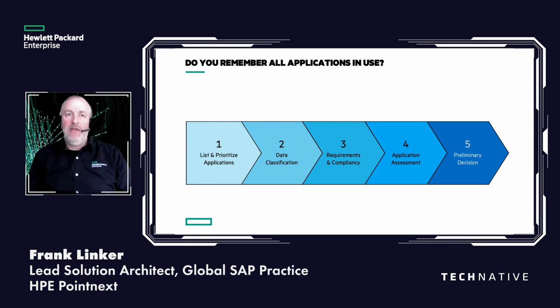Not only SAP, the whole suite, the whole bunch of applications. In our case, we had to identify more than 900 applications and decide how to place them: in the public cloud, in the private cloud, or on a dedicated server environment. So this is definitely the first challenge.